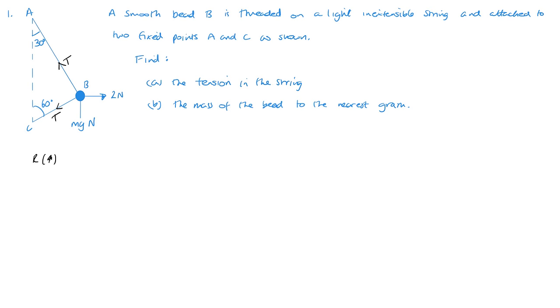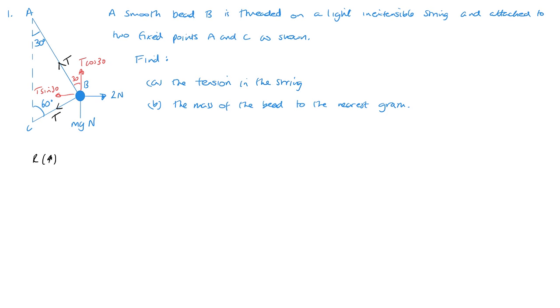So I'll do it in red for this T here. Now this angle here is 30 degrees, isn't it? Because it's a Z angle, so this is T cos 30. And going horizontally will be T sine 30.